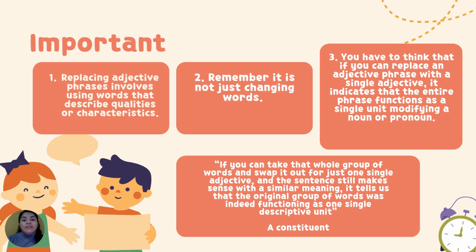In other words, if you can take the whole group of words that is an adjective phrase and swap it out for just one single word, my adjective, and the sentence still makes sense with a similar meaning, though of course it's going to change a little bit because I'm using an adjective, it tells us that the original group of words was indeed functioning as one single descriptive unit, that is, a constituent.